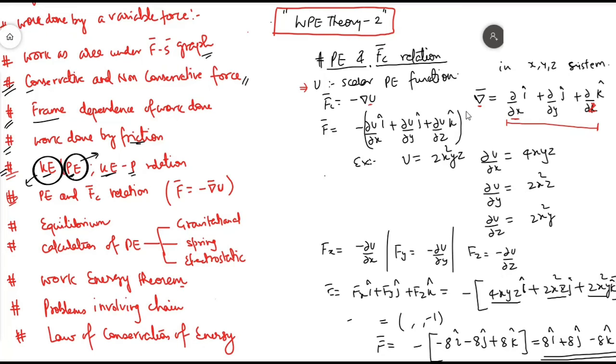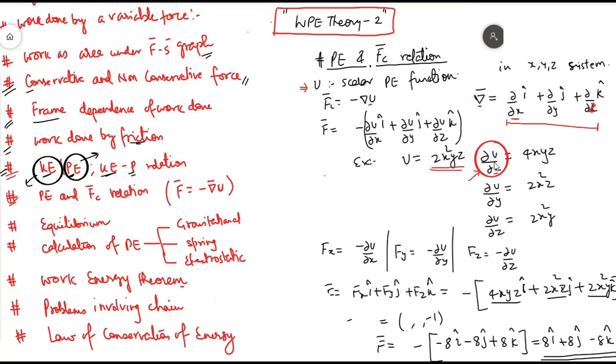Now I'll explain it with an example. Assume u is 2x square yz. If I'm going to differentiate u partially with respect to x, I'll assume everything else constant. This is basically saying how much my u is going to change if I change my x a little bit, so that ratio is the partial differentiation.